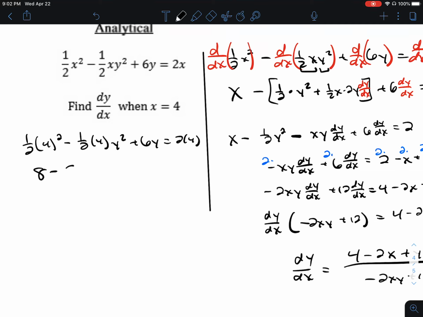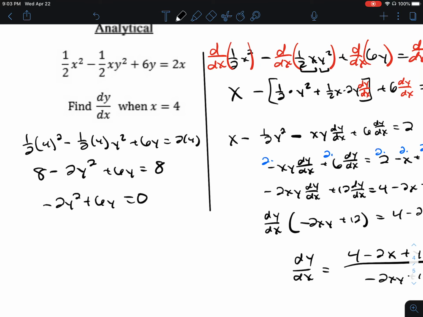Half of 4 is 2. I'm going to move the 8 over here. If I do that, I get negative 2y squared plus 6y equals 0.